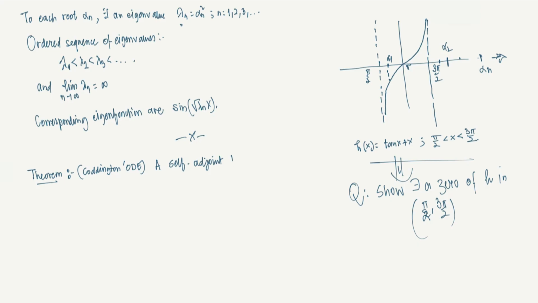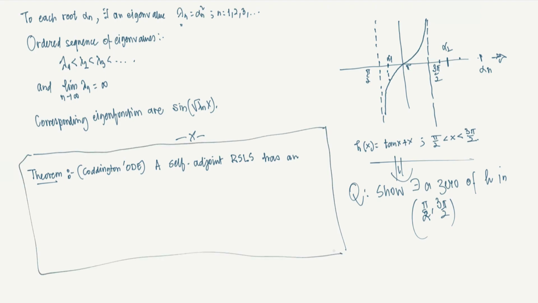A self-adjoint regular Sturm-Liouville system has an infinite sequence of real values. Okay, what are the real values?